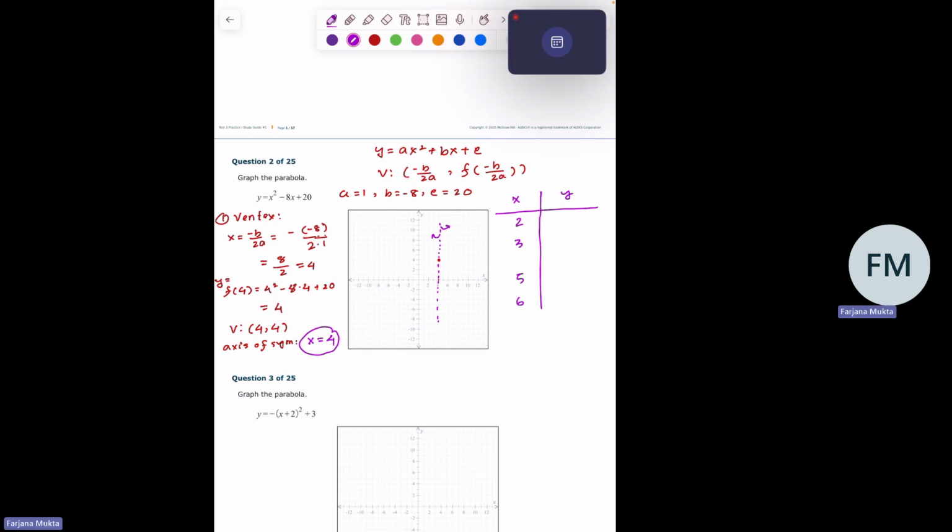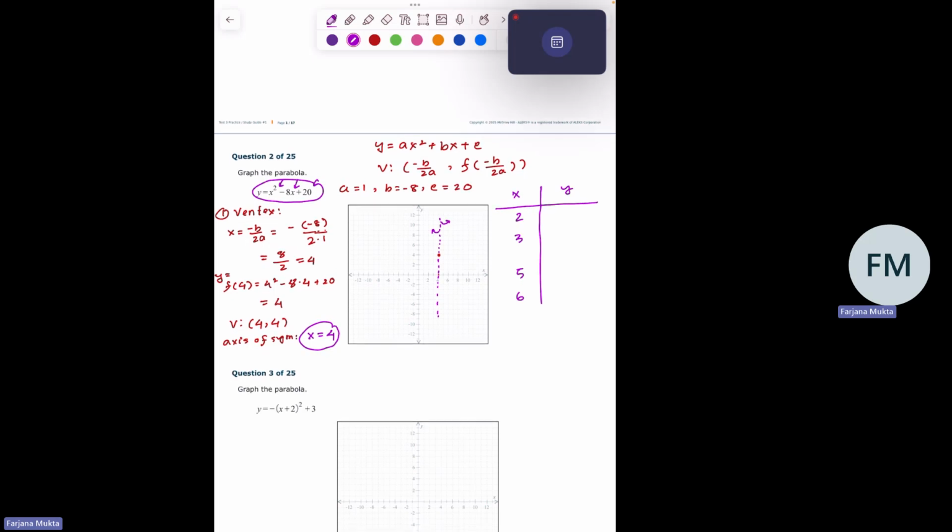Now what we need to do is substitute these values into our function y and find the corresponding y value. If you substitute x equal to 2, do the algebra by yourself, okay? And check with my answer.